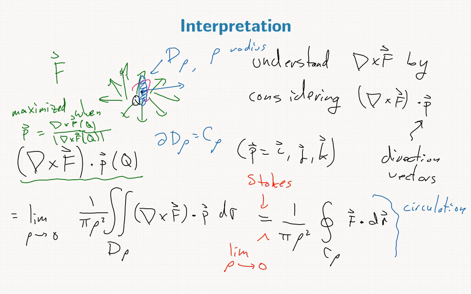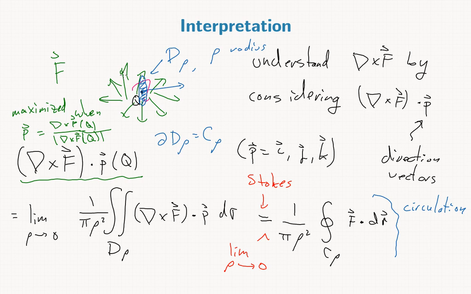So that's why we're saying that the direction of the curl tells us the direction of rotation or of circulation. Okay, so that explains the direction part of the curl interpretation.